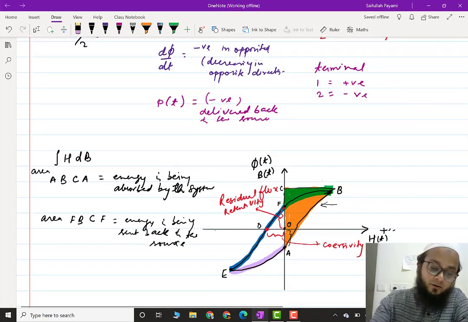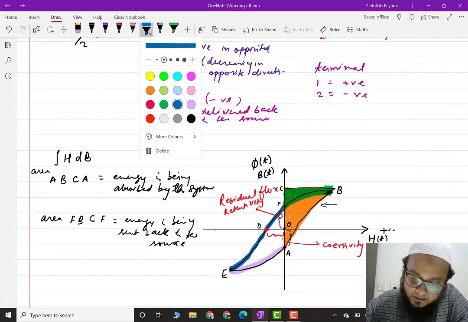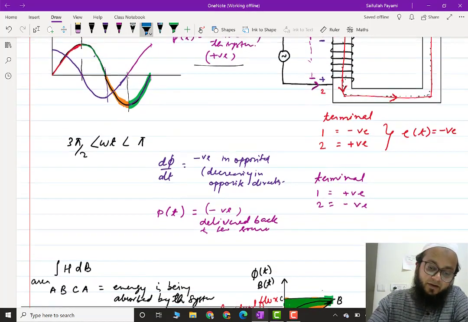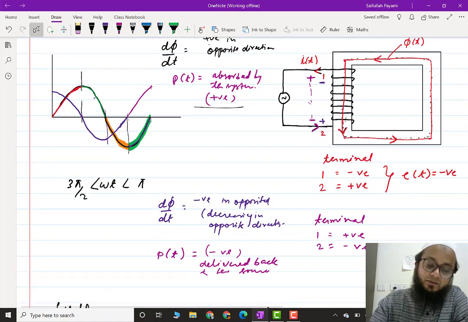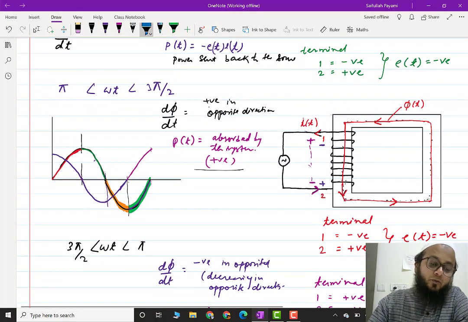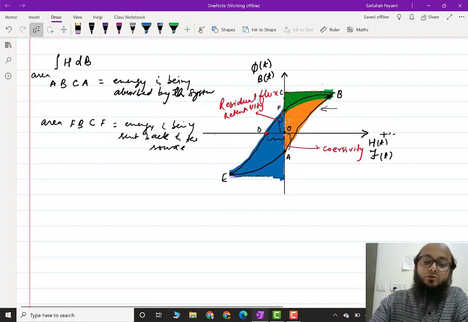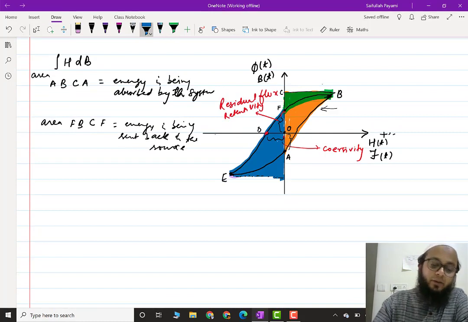This much area is equivalent to the energy absorbed by the system. So during this time, this total energy is being absorbed by the system.